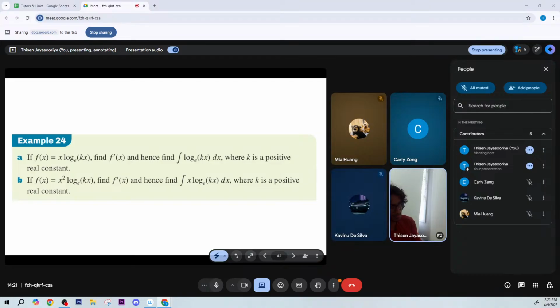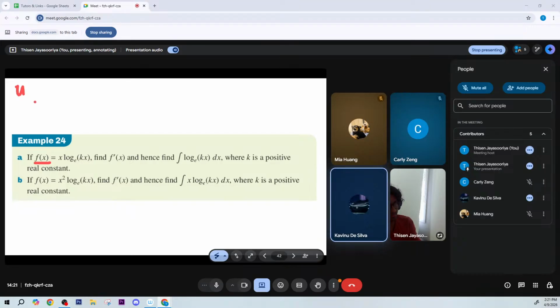Yeah? So here, it says find f dash of x, and hence find the integral of ln kx dx, where k is a positive real number. So, Kavinu, what is the derivative of this function? How can I find it? It's a product rule.